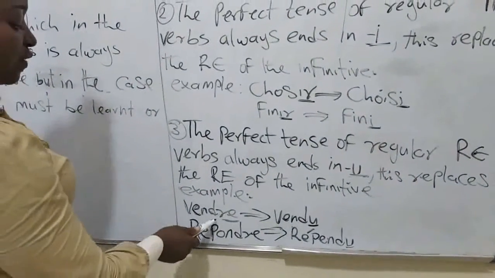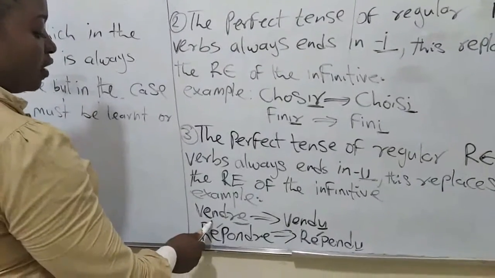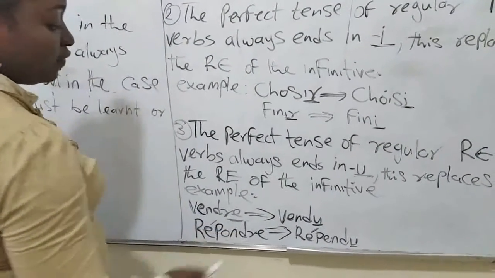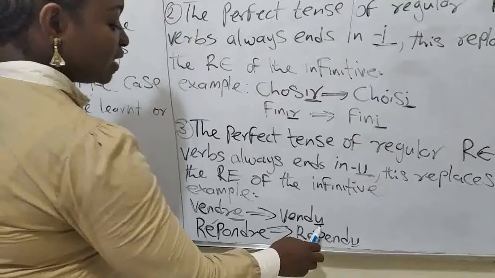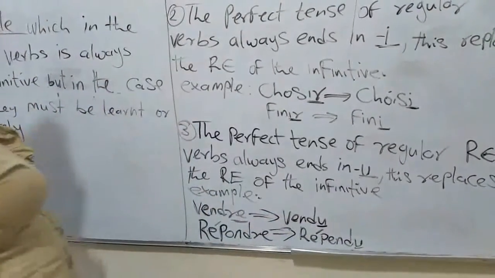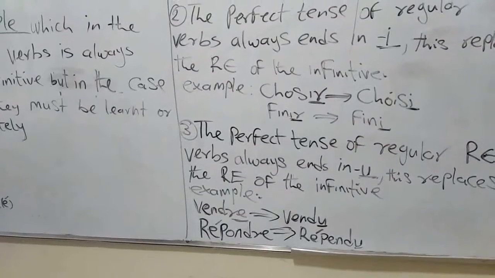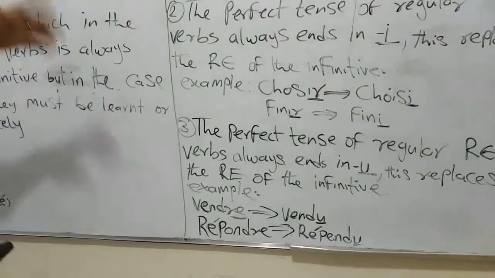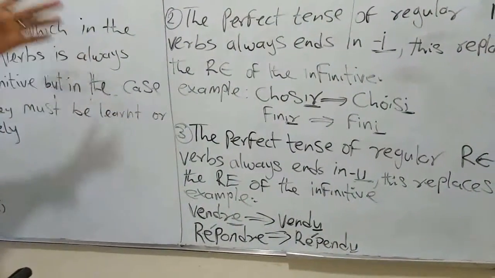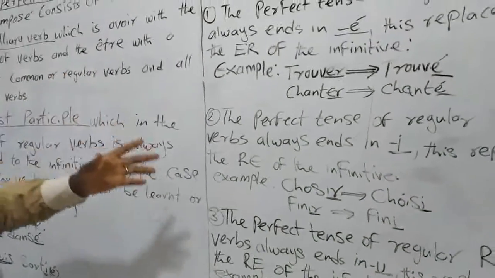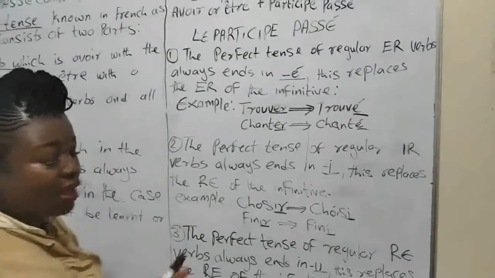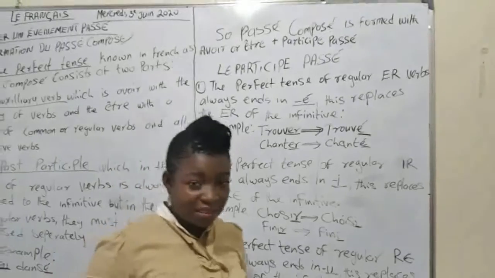So now this is the full infinitive verb, and this is the participe passé of that verb. Now let's not forget that the formation of this passé composé has to do with avoir, être, and participe passé.